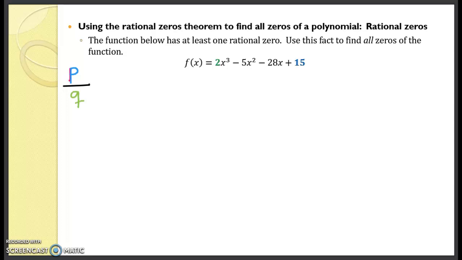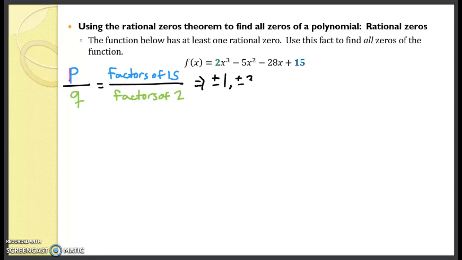So that means factors of 15 over factors of 2, which is going to end up getting that if there's a rational zero, it has to be of this form. It has to be one of these.